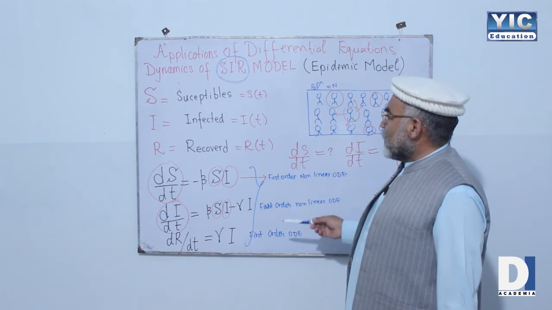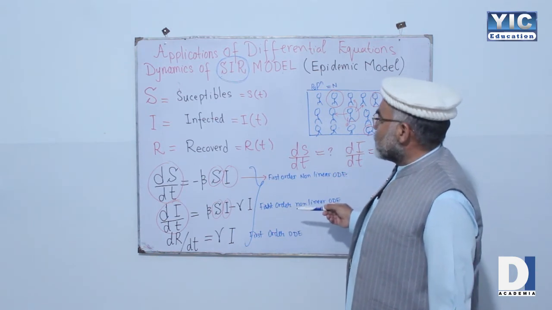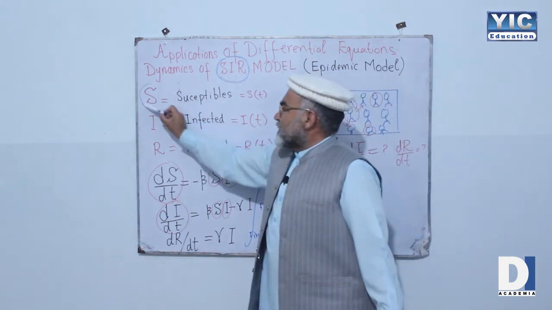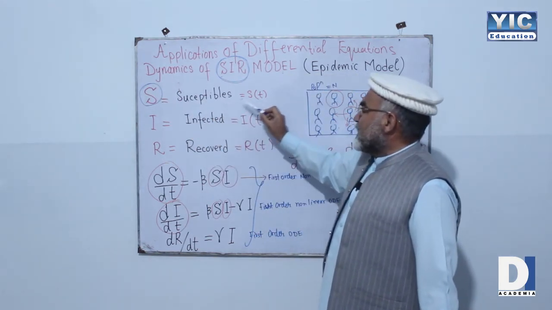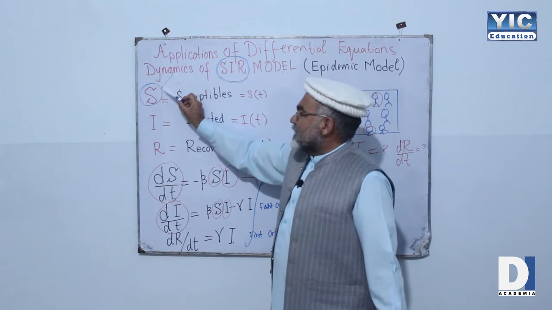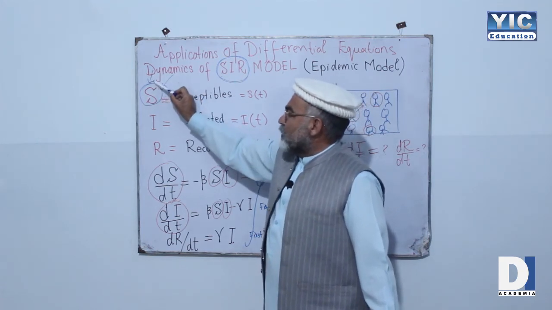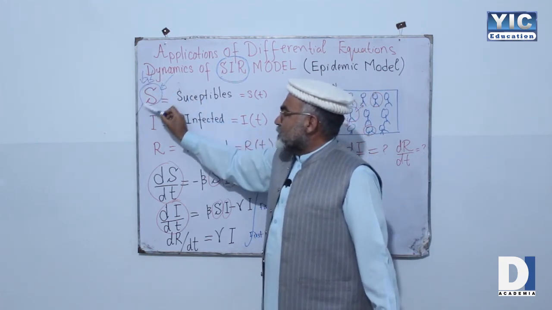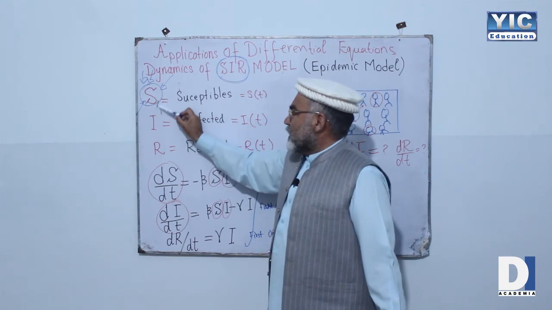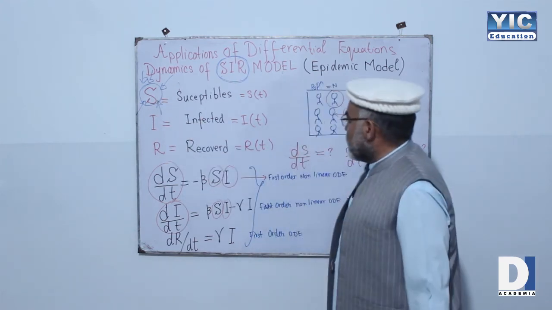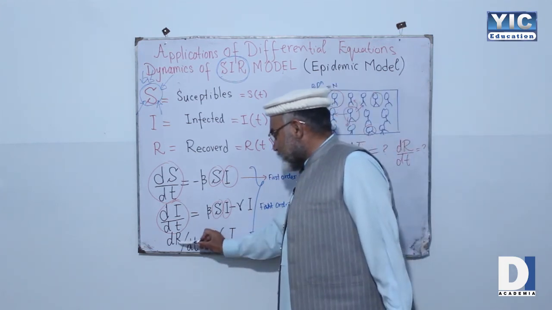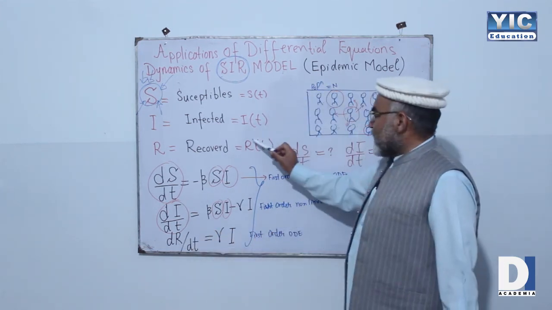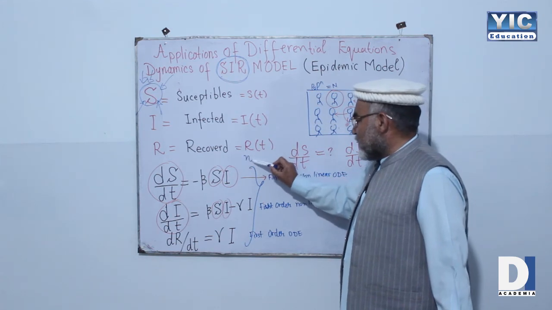The first modification is for S. This susceptible population is not constant because of the birth of new people, and R is also affected by the natural birth of the given population.